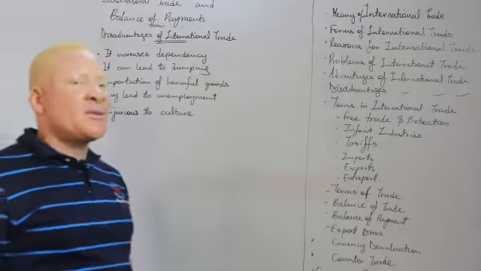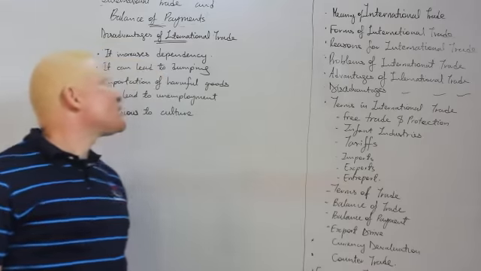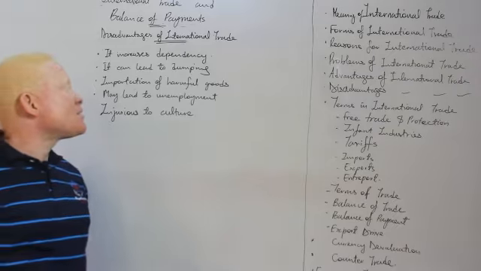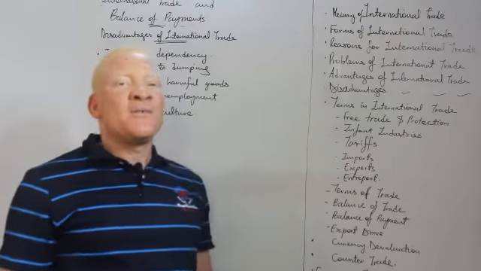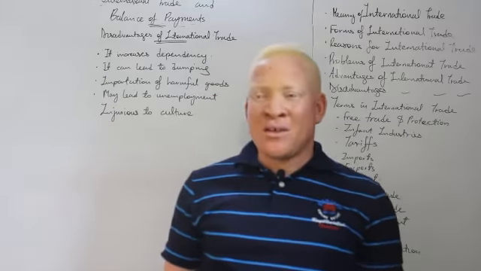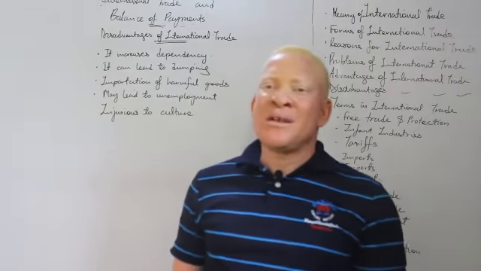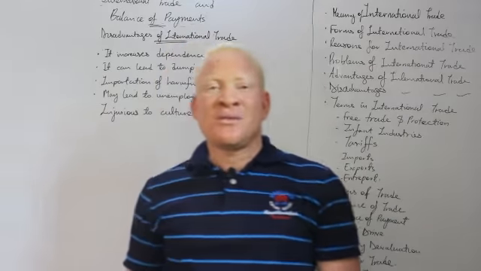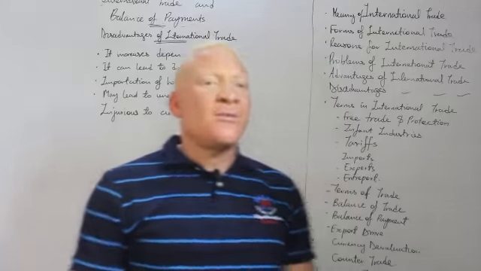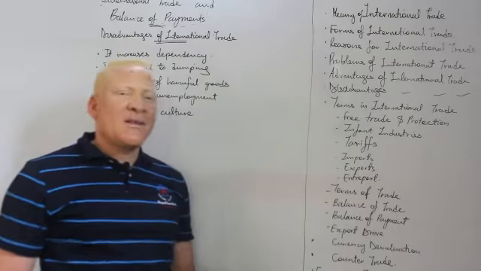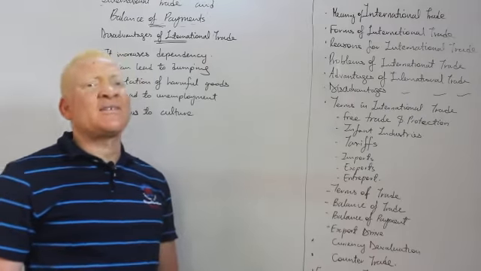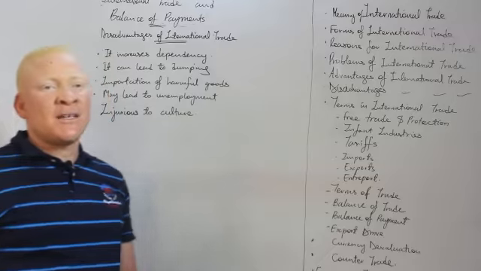Talking about the next point here, we'll be talking about disadvantages of international trade. First one, it increases dependency. That means reducing self-reliance of nations, or of economies, making them much more dependent on superior ones, or what we'll call the industrialized nations. Now, secondly, the level of dependency increases, of course, that is just what happens when specialization occurs.